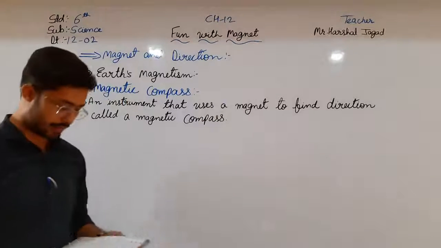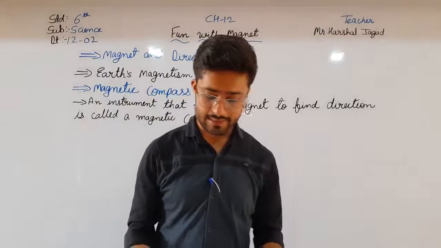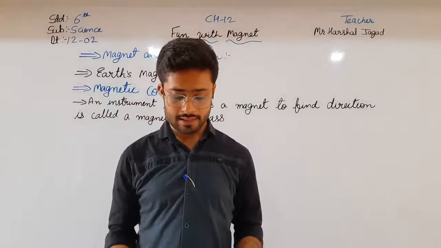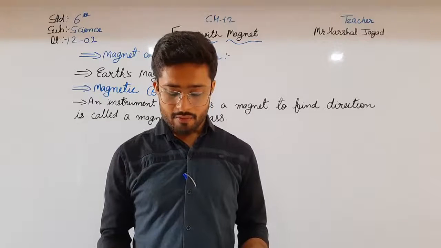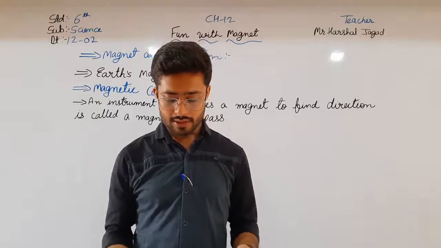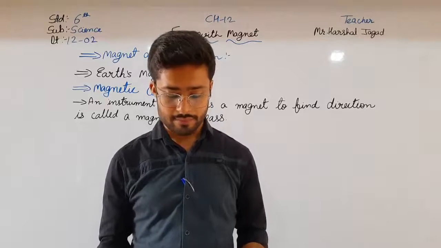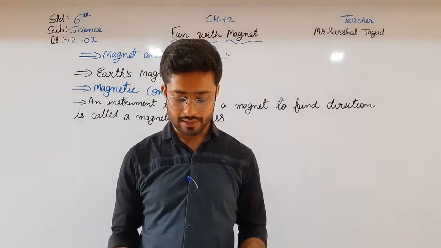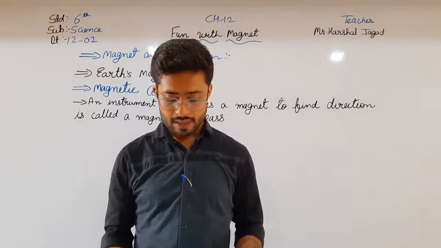Moving further, a standard magnetic compass contains a freely rotating magnetic needle. This needle always aligns itself approximately in the north-south direction, and one tip of the needle is colored, generally red or black. Sometimes one half of the magnet is colored. The freely rotating magnetic needle is placed in a round box in which the directions are marked.